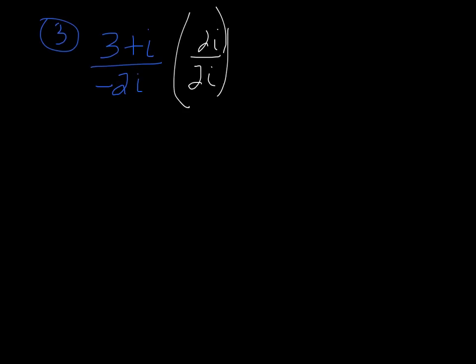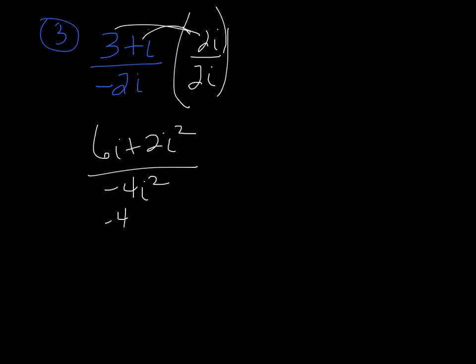So I'd have 3 times 2i, which is going to give me 6i. i times 2i is plus 2i squared. And negative 2i times 2i would be negative 4i squared, which remember is really negative 4 times negative 1. This is really 2 times negative 1. So I have negative 2 plus 6i divided by 4.